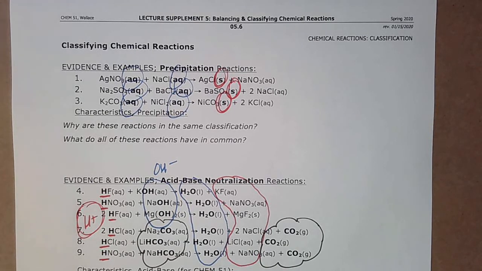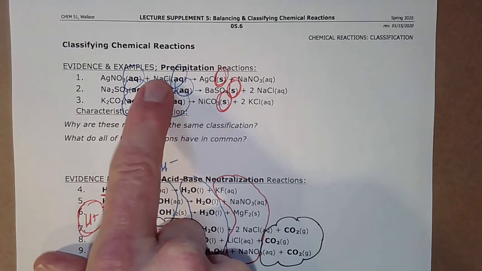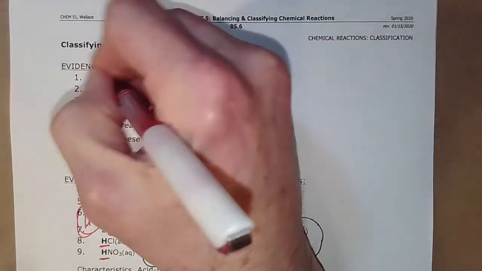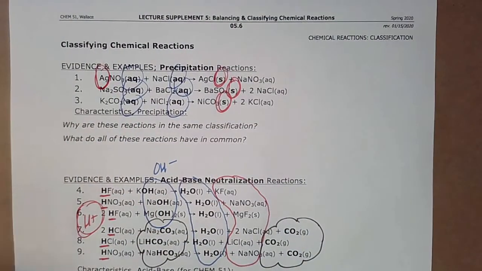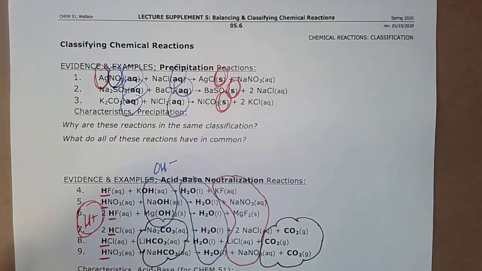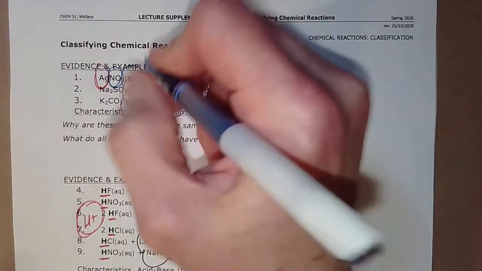And now what I want to know is, okay, what's happening? Well, let's pick, say, this silver nitrate and sodium chloride. There's silver nitrate. Let me circle that one in blue. And over here is sodium chloride.